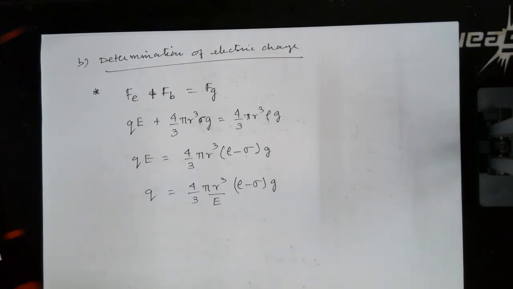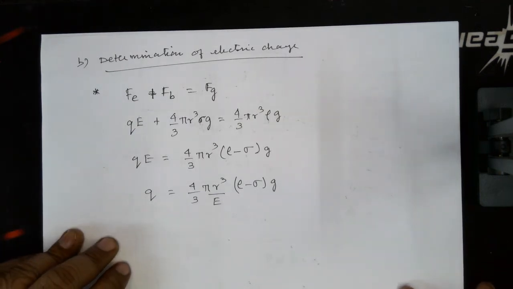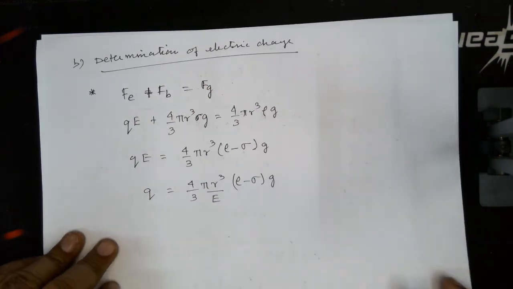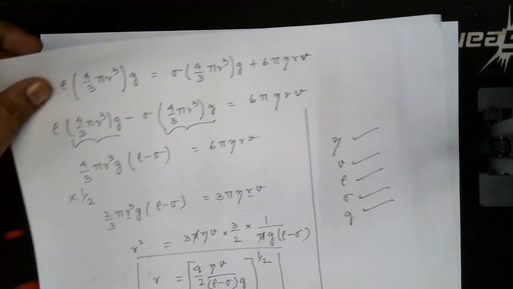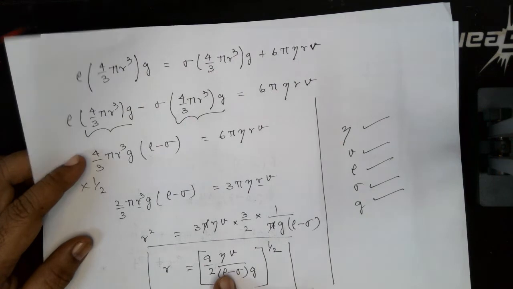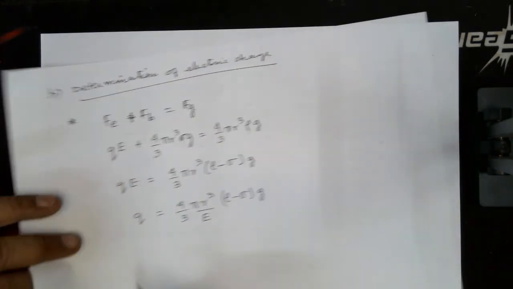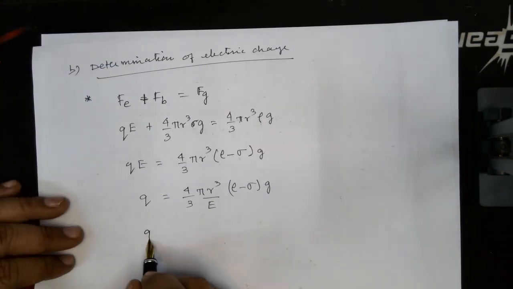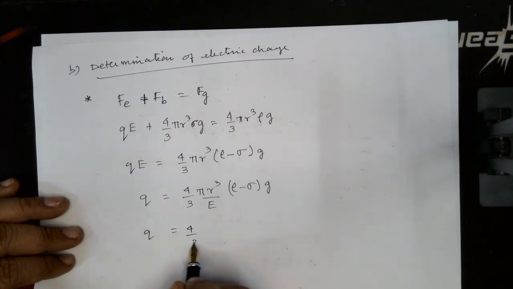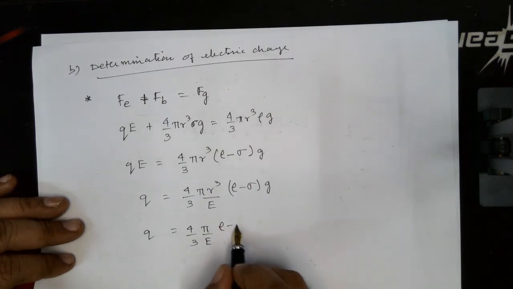Okay, now we have already derived the equation for the radius of oil, that is r. Okay, we can substitute this equation here. Therefore q is equal to 4 by 3 pi by e into rho minus sigma into g.